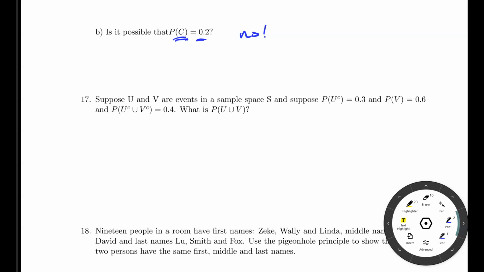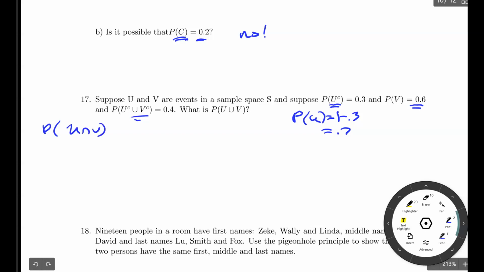All right, last here, so I want to make sure that I'm playing with these correctly. So I want to find out the probability of U, which will be 1 minus 0.3, so that's 0.7. And there's my probability of V. So I want to say this is the same thing as U intersect V complement, right? Which is the same thing as saying 1 minus probability of U intersect V. So I know that this is 0.4.